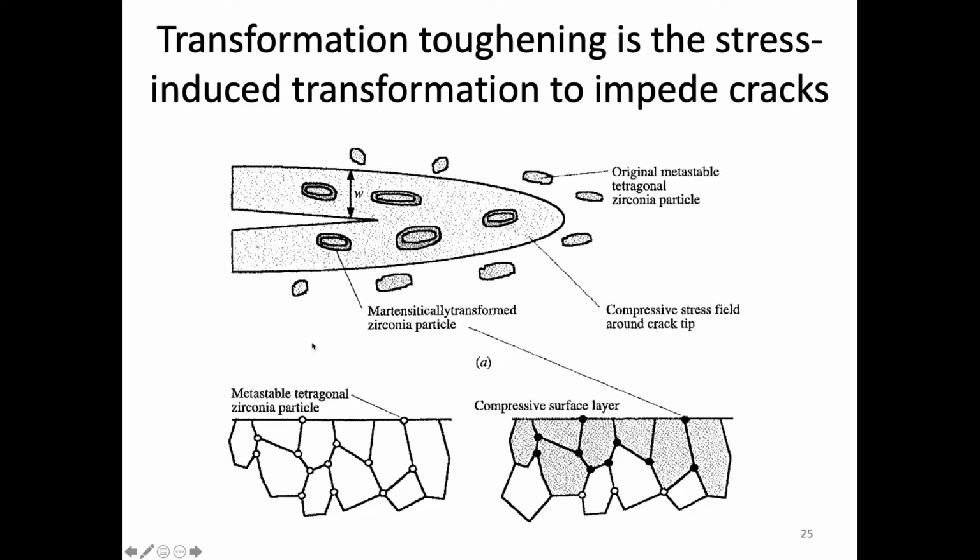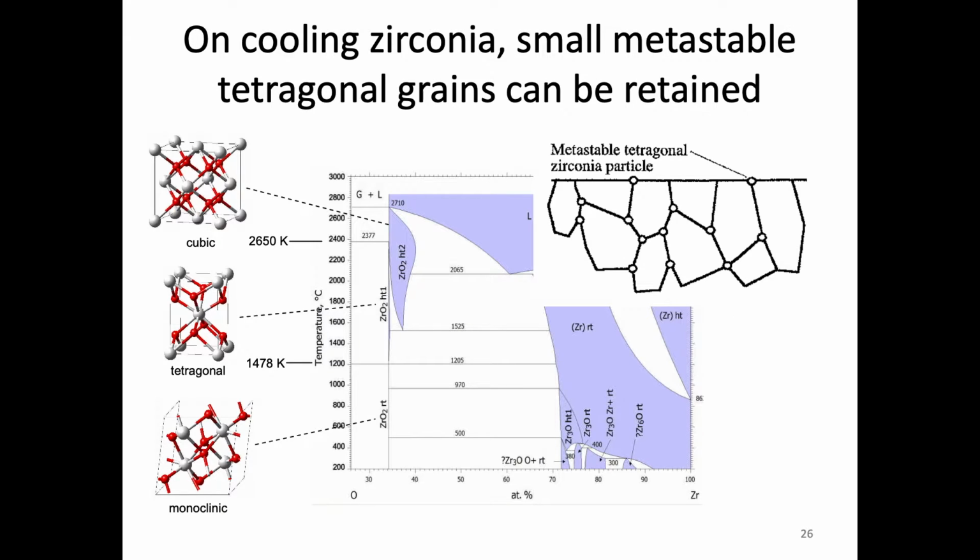So anywhere where there's stress, that stress can cause that martensitic transformation. So let's look at the zirconia system. The idea is that during the cooling of zirconia, we actually form small metastable tetragonal grains.